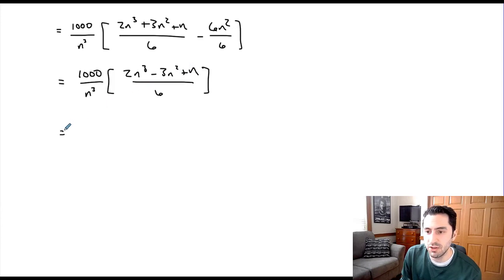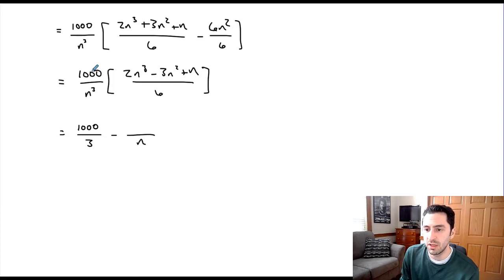And now what I can do is distribute this 1,000 over n cubed to each of these terms. If I think about each of these over 6, we can do a little bit more simplifying. We distribute to the first one, and n cubed on top and bottom will simplify, so we just end up with 1,000 over 3. For the second part, we have an n squared on top and an n cubed on bottom, so 2 of those will simplify and this will end up over n.